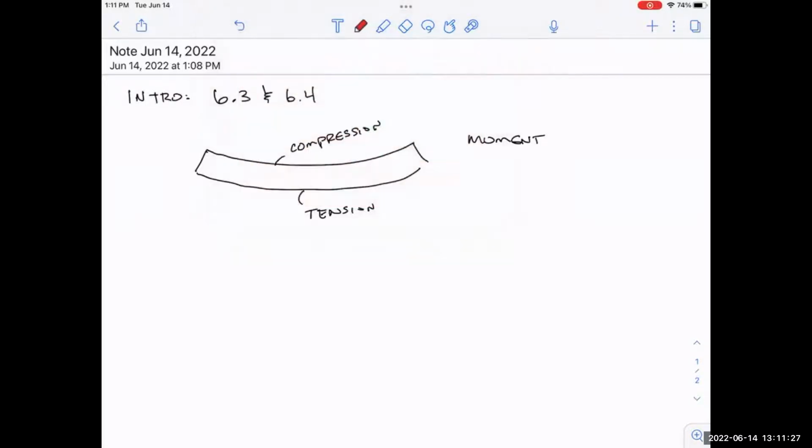And in the case of a rectangular beam, that's going to be perfectly in the center, that neutral axis. So this gets shorter, this gets longer, and this has actually no change at all in its length when a moment is applied to it.